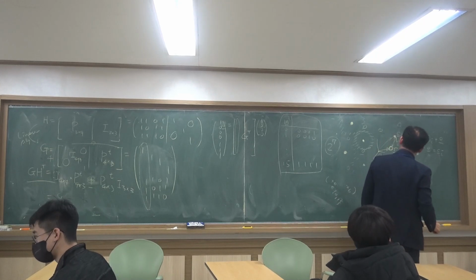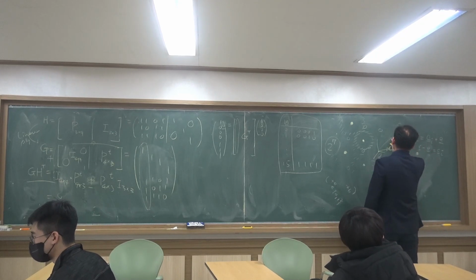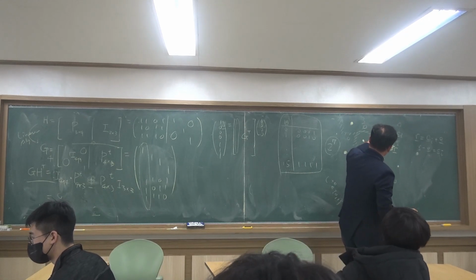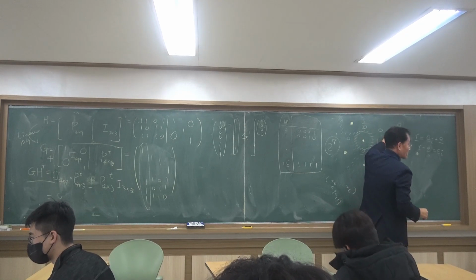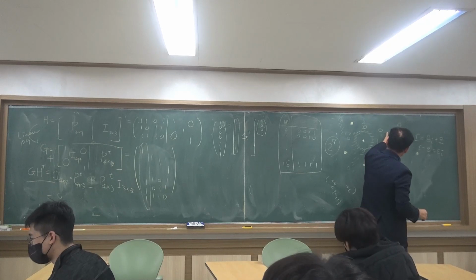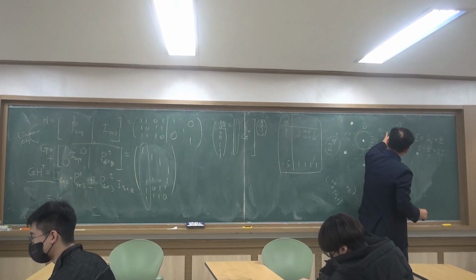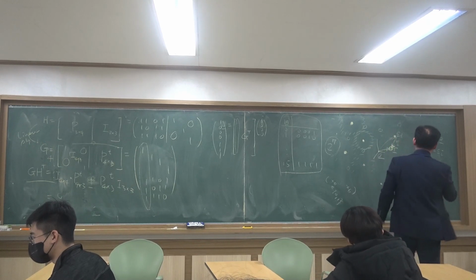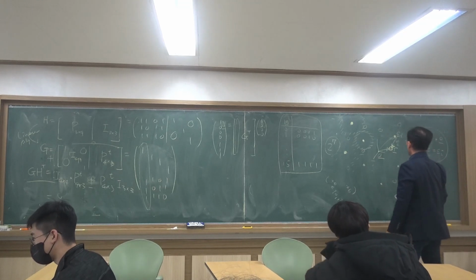No, plus, right? So this should be this way. But the arrow doesn't matter. Actually, the size of this arrow, the magnitude, is what matters. So anyway, we have this relation.